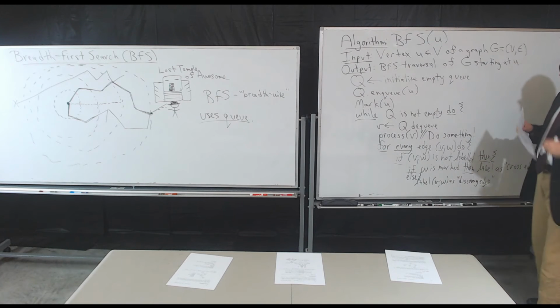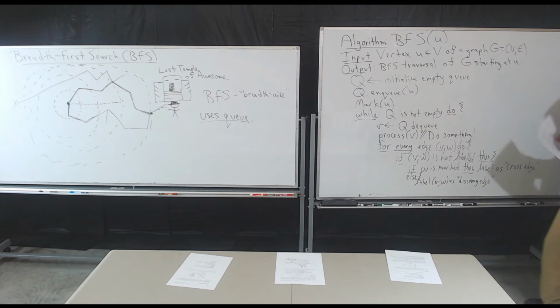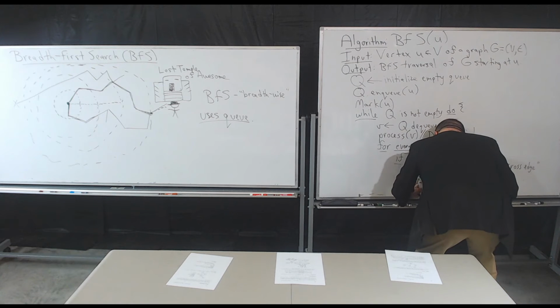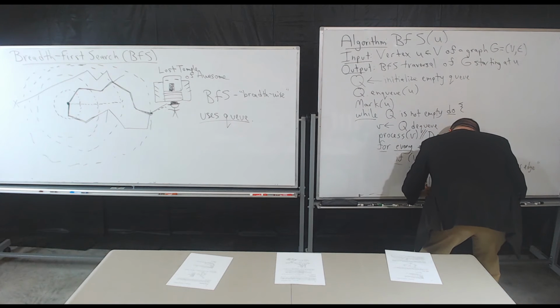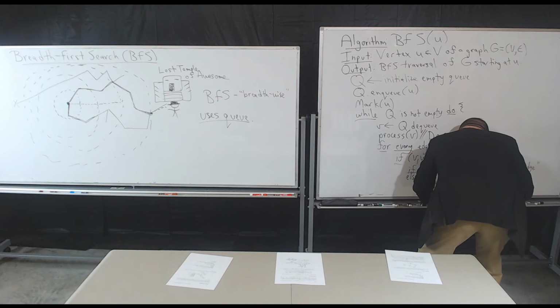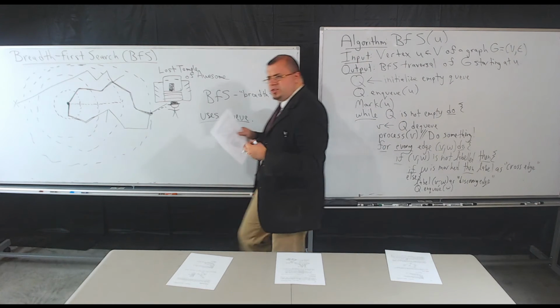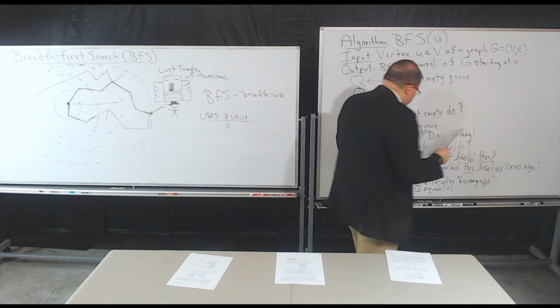And then I'm going to NQ it into my queue. Q.NQ. I'm going to NQ W, and then what did I say earlier? I'm always going to mark it when I NQ it in.